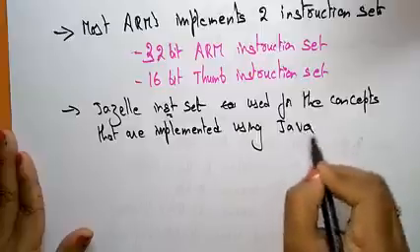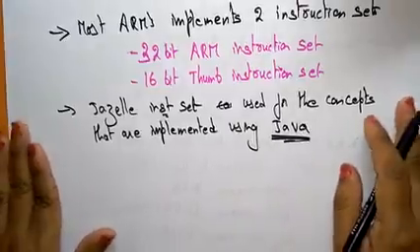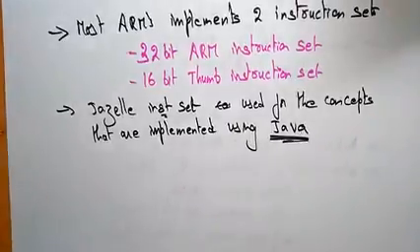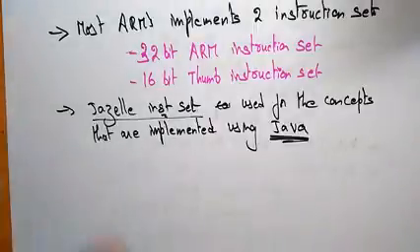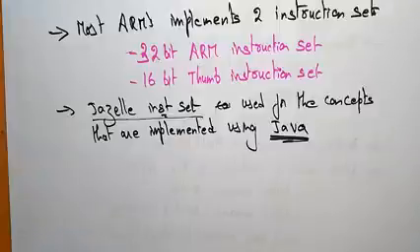It mainly supports Java. So whenever you're working on Java programming, you can go for the Jazelle instruction set, which increases the performance of the Java programs. So this is basically what the ARM architecture consists of.